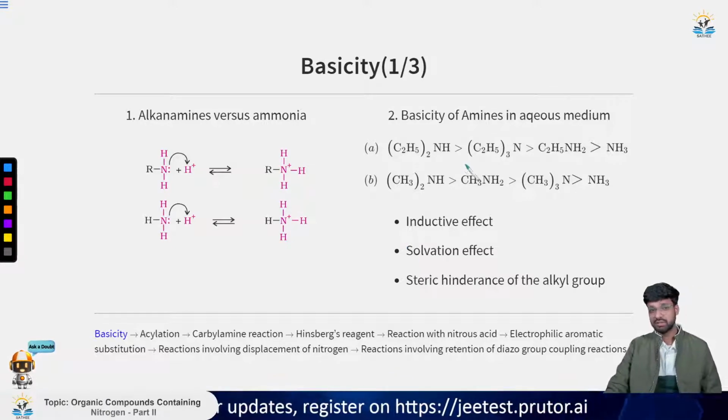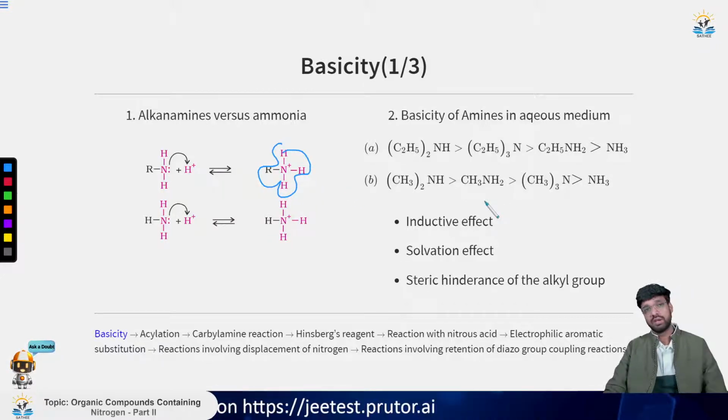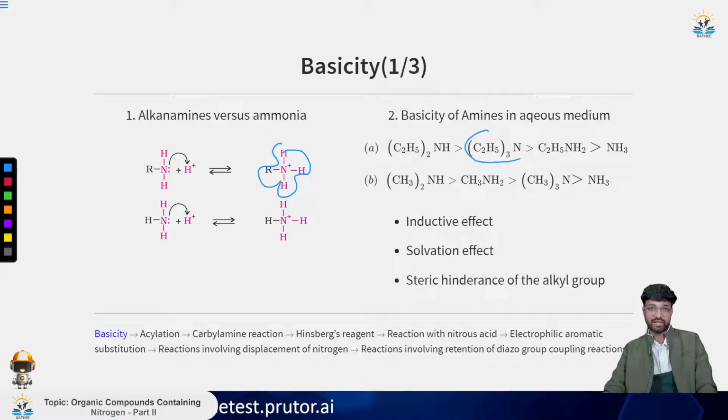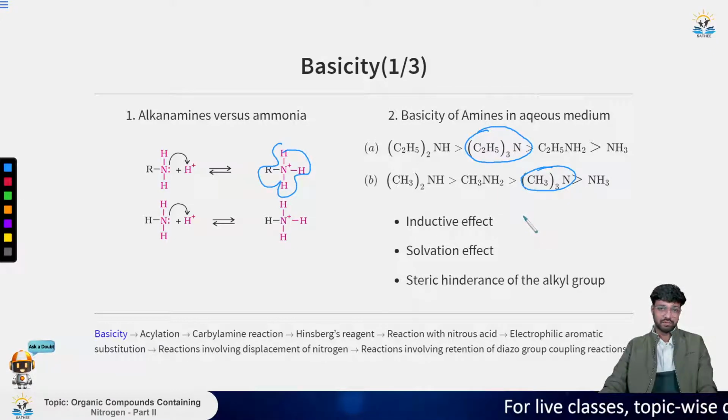Due to this reason, the stability of this conjugate acid becomes less. So for this reason it is placed second in the case of ethyl and last in the case of methyl. So this is the case of basicity of amines in aqueous medium.